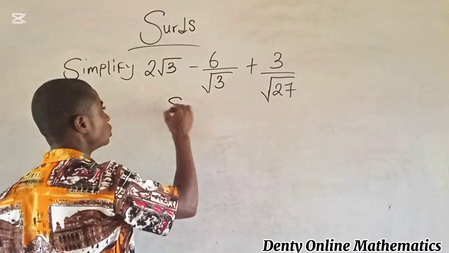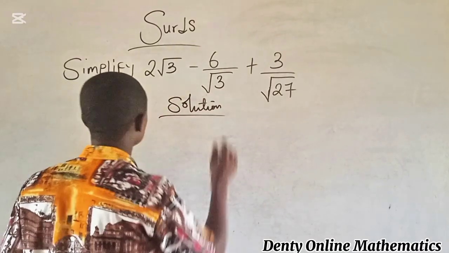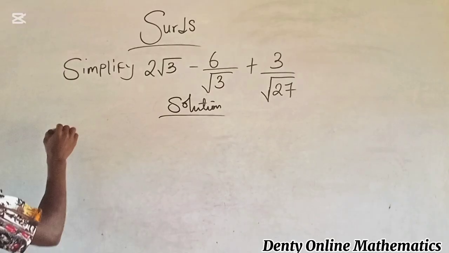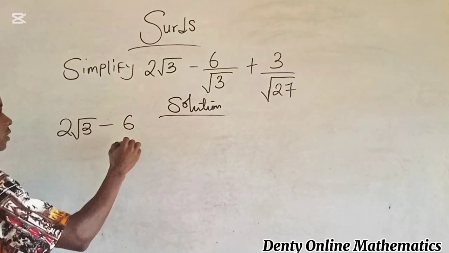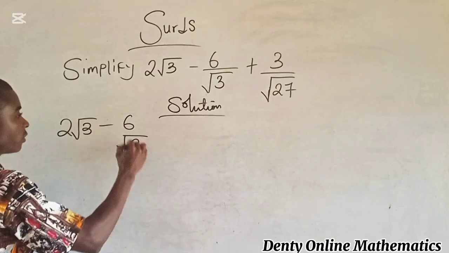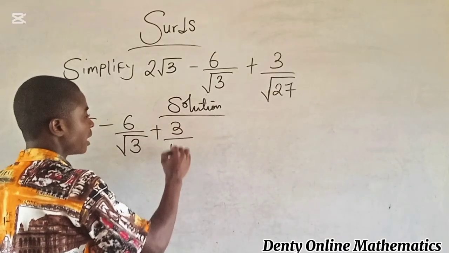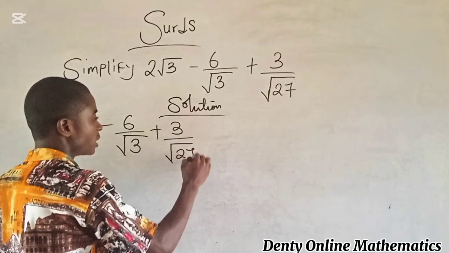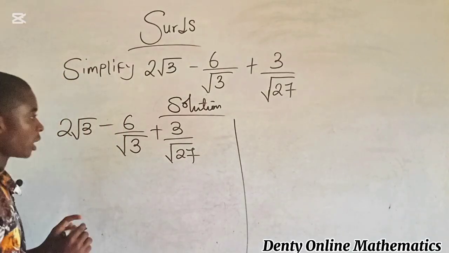Now here is the solution to this problem. Now what we have is (2√3 - 6)/√3 + 3/√27. Alright, now this is what we are going to do.